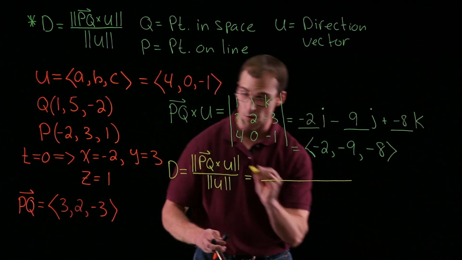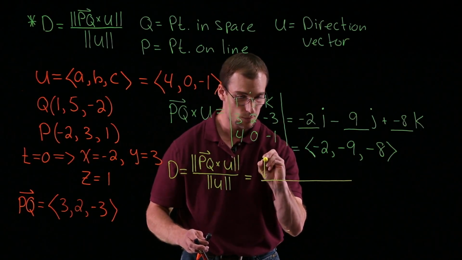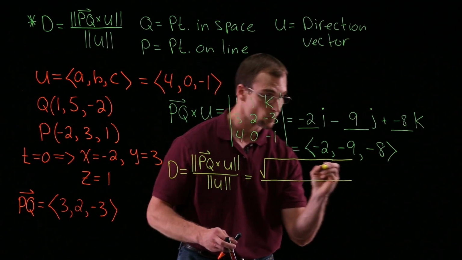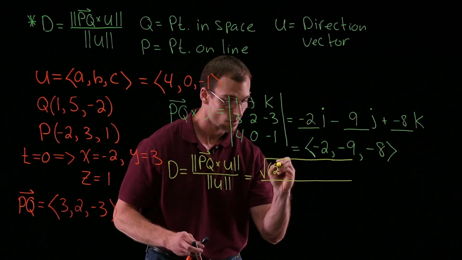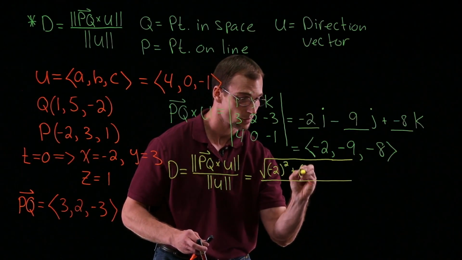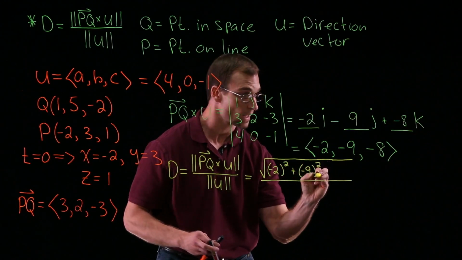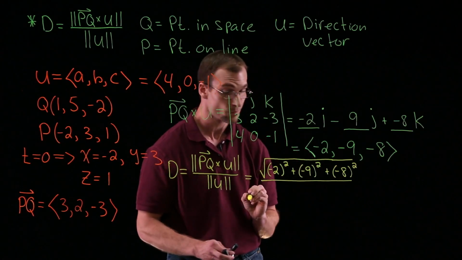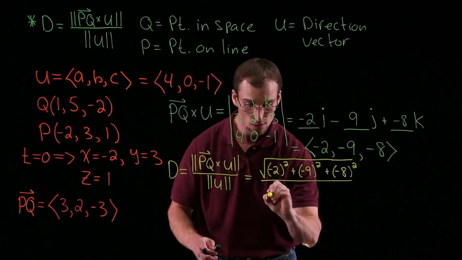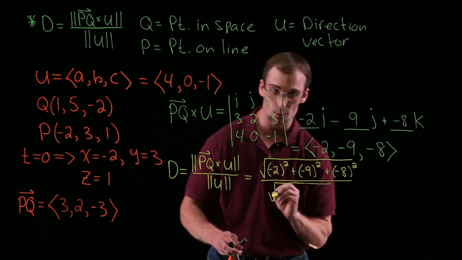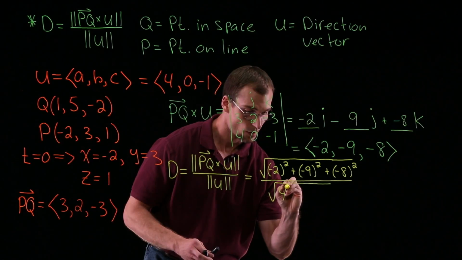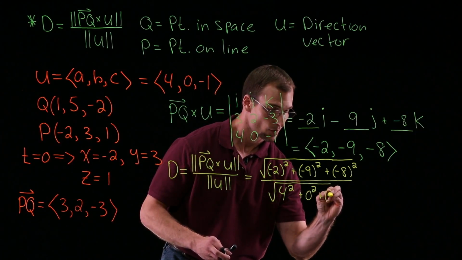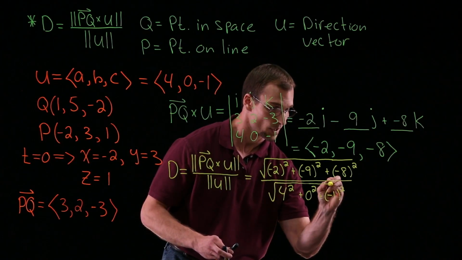The magnitude of the cross product is the square root of the sum of squares of the components: the square root of -2 squared plus -9 squared plus -8 squared, divided by the magnitude of u, the square root of 4 squared plus 0 squared plus -1 squared.